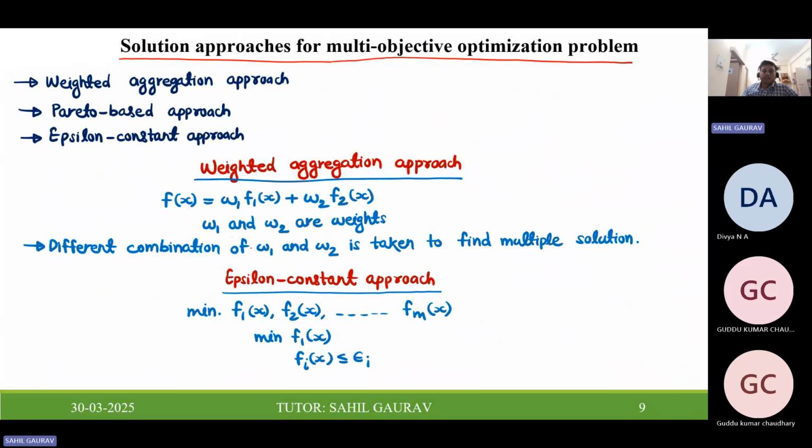Different combinations of w1 and w2 are taken to find multiple solutions. In the epsilon constraint approach, we minimize one objective function f1(x), and for the other objective function, it should be less than or equal to some small value that we denote as epsilon.